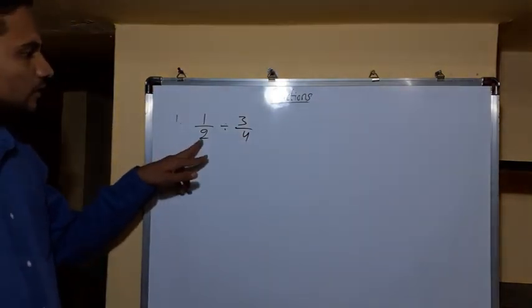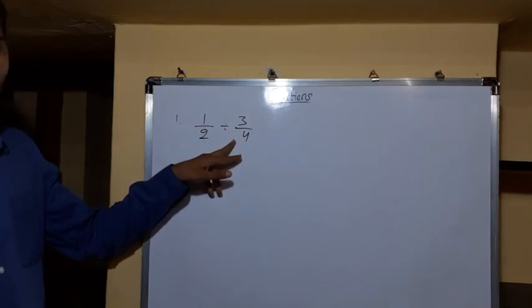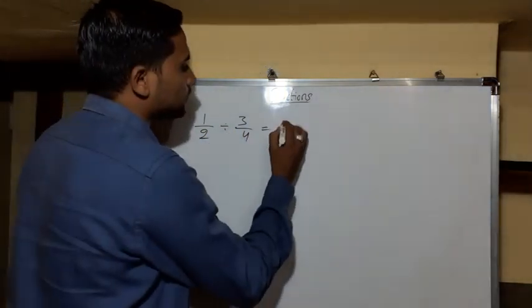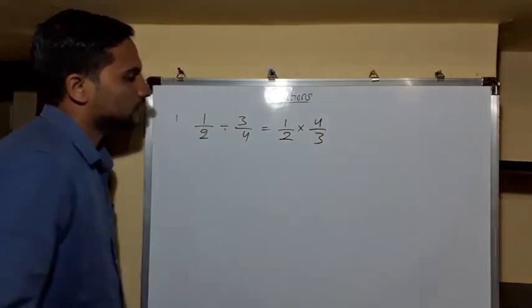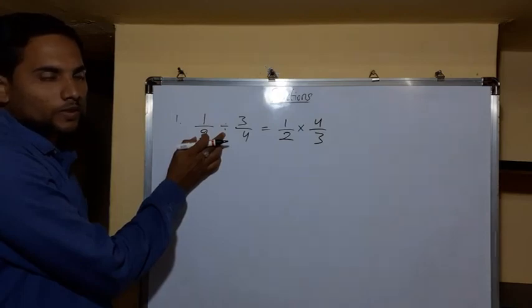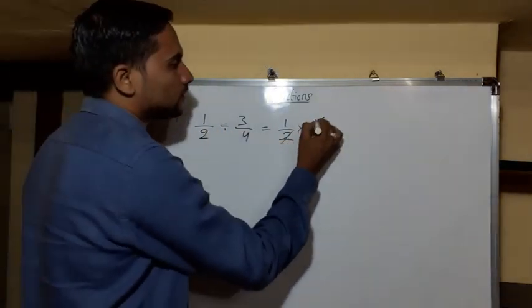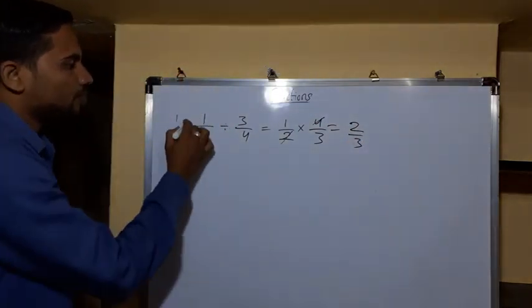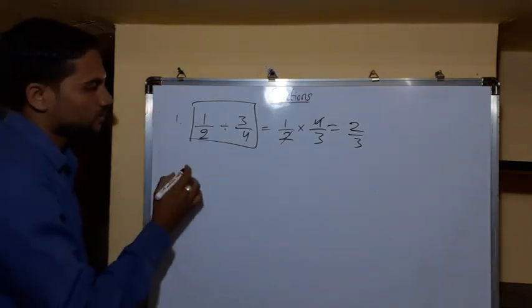If an examiner gives a problem like this, students can easily solve it, right? So how will you solve this? 1 by 2 into 4 by 3. We convert the division to multiplication and take the reciprocal of the term, and then we can simplify.